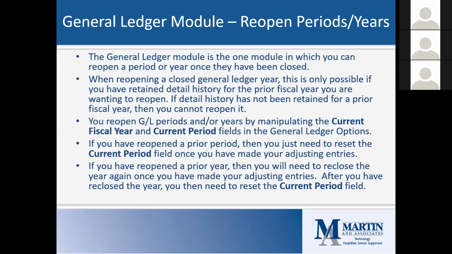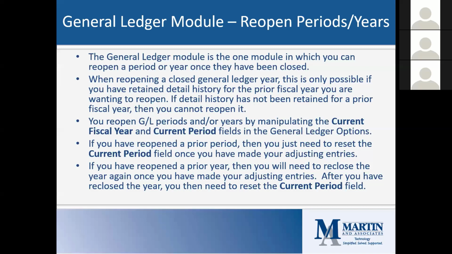Then whether it's January, February, or March, when we finally get our adjusting journal entries, we go back into the GL options and change our current period to 12 and our current year to 2021. That reopens that year. We can then make our adjusting journal entries, post them, and then there's a very important step.